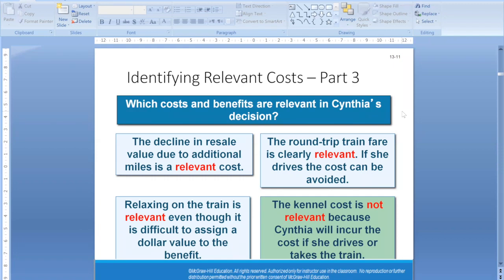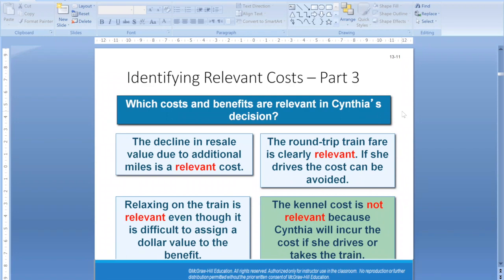Because the taxi is used more, the miles are bigger, the kilometers are bigger. So the decline in the resale value due to additional miles is relevant for our decision, which means I will keep my car without using it, and if I'm thinking about the resale value, I will prefer the train.